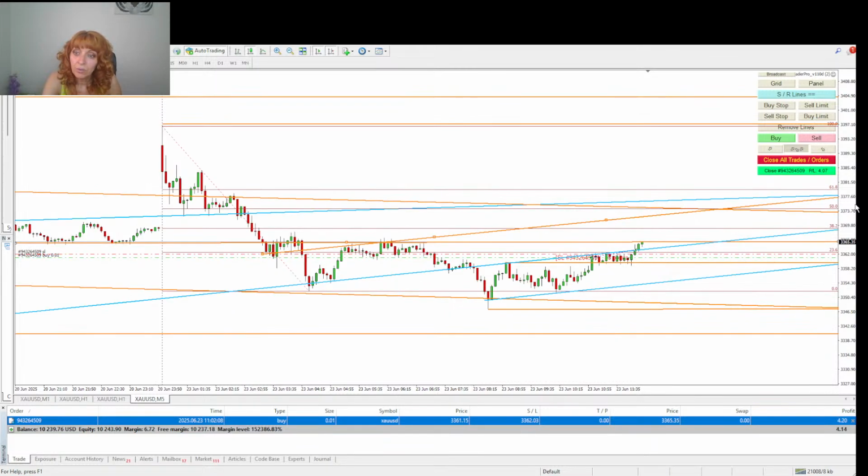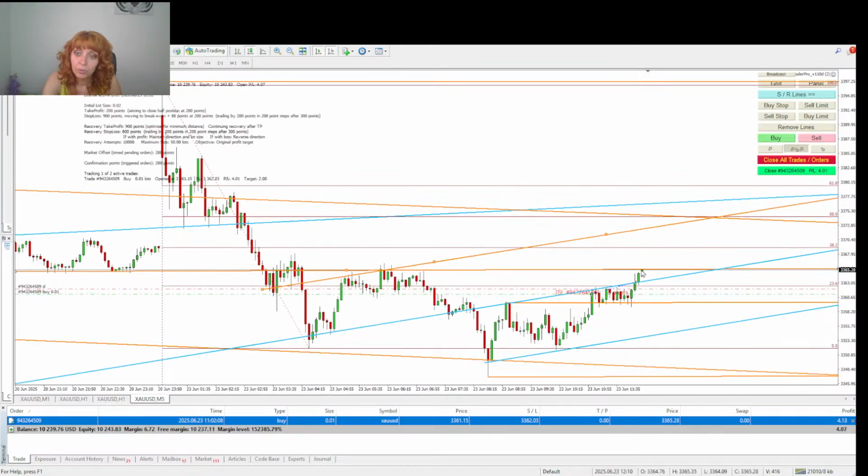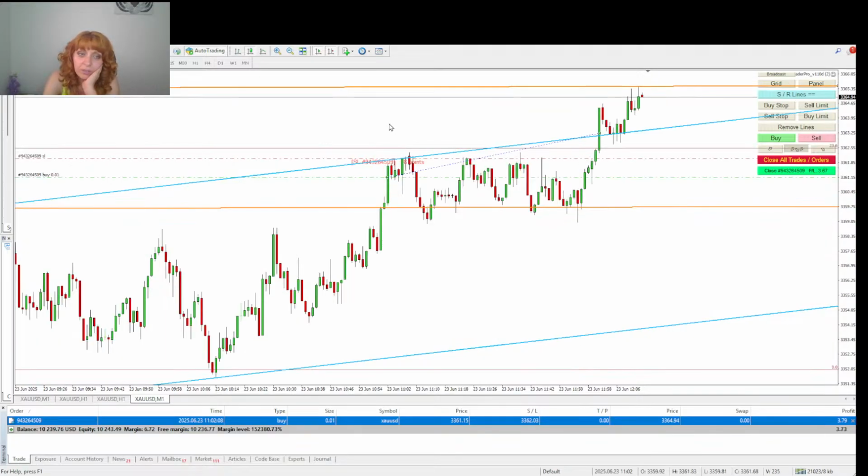Would it try to break it and stay above, go further, and then possibly reverse, like maybe level 38 we have in 50, or is it not going to break it, and might decide to stay and consolidate in this channel? So if it stays and consolidates in this channel, what is it doing?